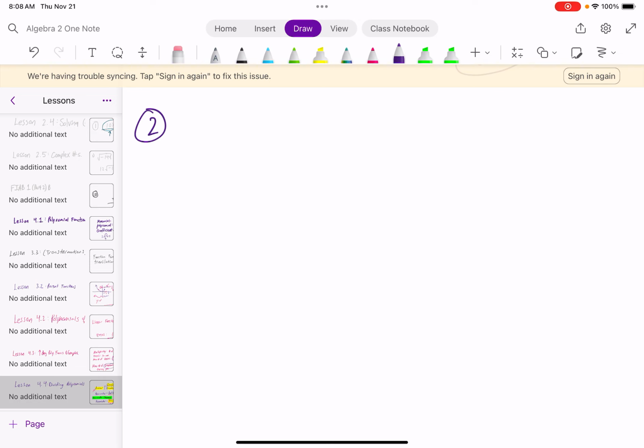Number 2 says, use factoring to divide the polynomials below. We have 4h squared minus 7h minus 2 divided by h minus 2. Now you think, how am I going to get this from this?